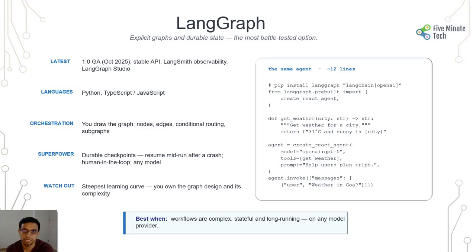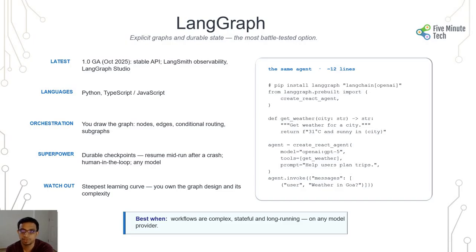Languages are Python, TypeScript, or JavaScript. For orchestration, you draw the graph: nodes, edges, conditional routing, subgraphs, etc. Its superpower is durable checkpoints that resume mid-run after a crash, and the human-in-the-loop feature, and it can be configured with any model.